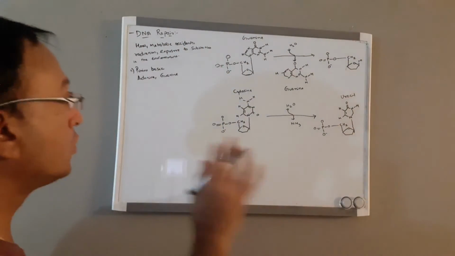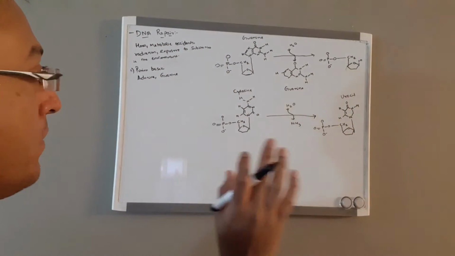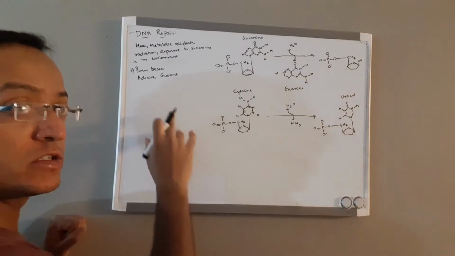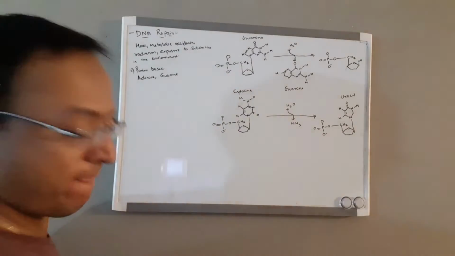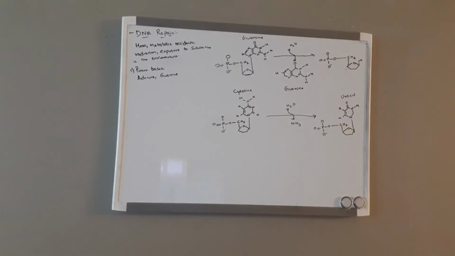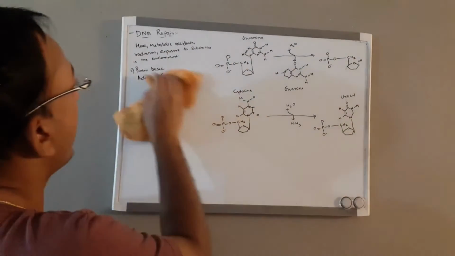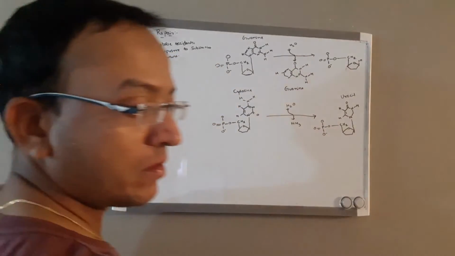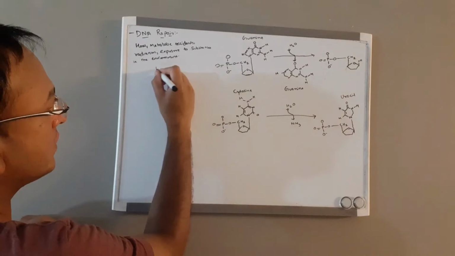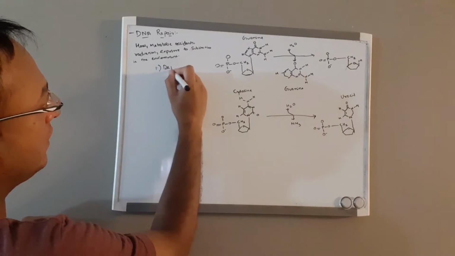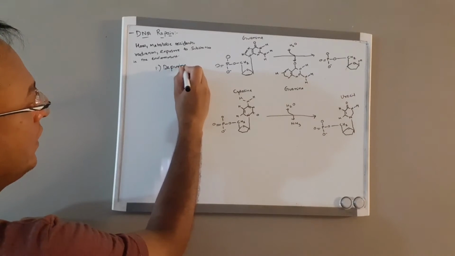So there are two. First, DNA damage by hydrolysis. The first one is depurination.